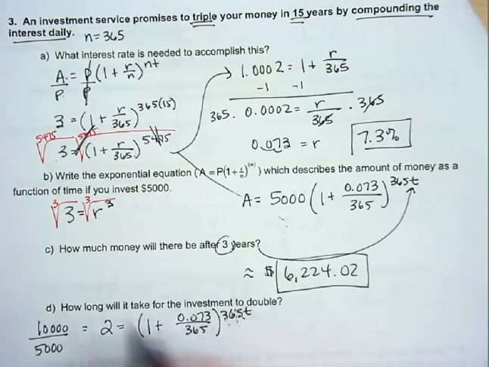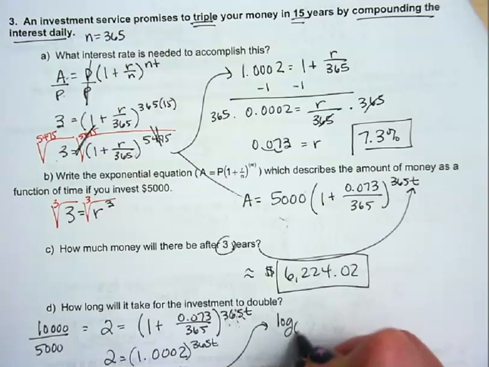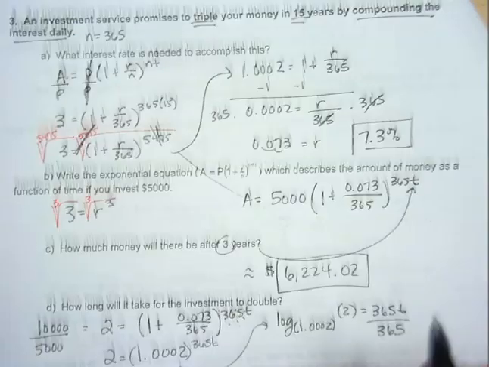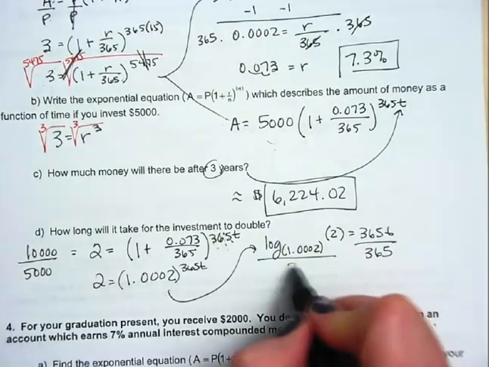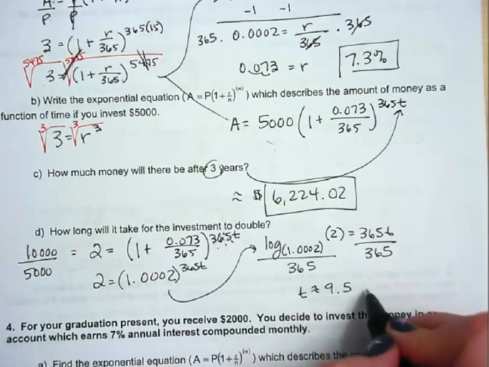I'm going to go ahead and do this math inside here to make my rewriting as a log a little bit easier. So that's a base. Rewrite using lasso, log base 1.0002 of 2 equals 365t. Divide both sides by 365, and t is approximately 9.5 years.